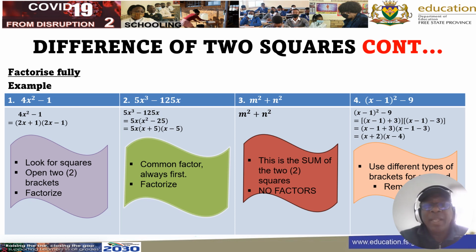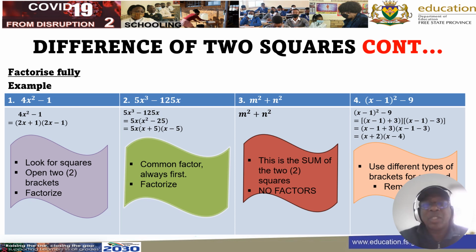Example number 4. We have (x minus 1) all squared minus 9. The same, look at the squares. Open two brackets. Then we have the new bracket to multiply all these terms: (x minus 1) plus 3 into the big bracket (x minus 1) minus 3.